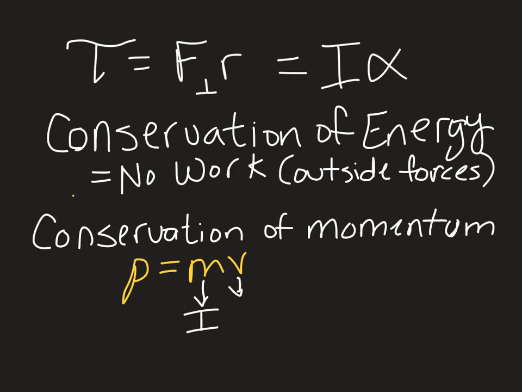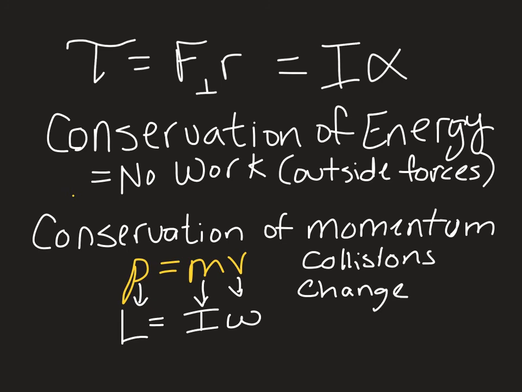We know that the rotational version of velocity is rotational velocity. And so we need a variable to represent having rotational momentum. And that variable is going to be represented by the capital L. This equation can be very useful for collisions, as well as for when objects start to change shape in the middle of a scenario.